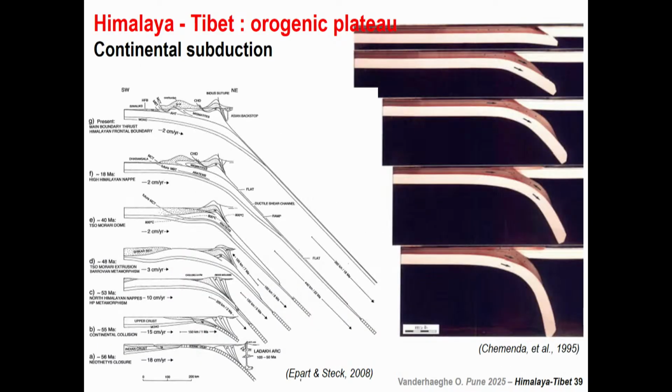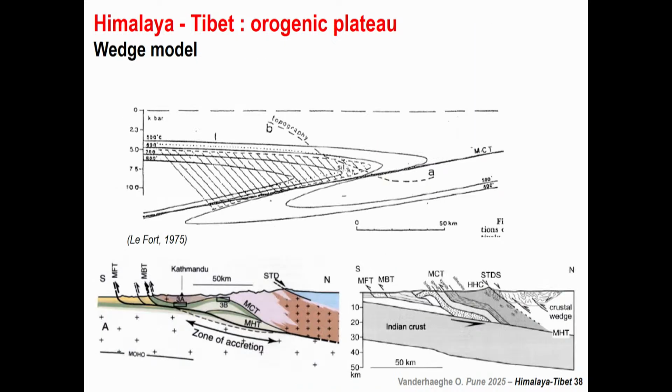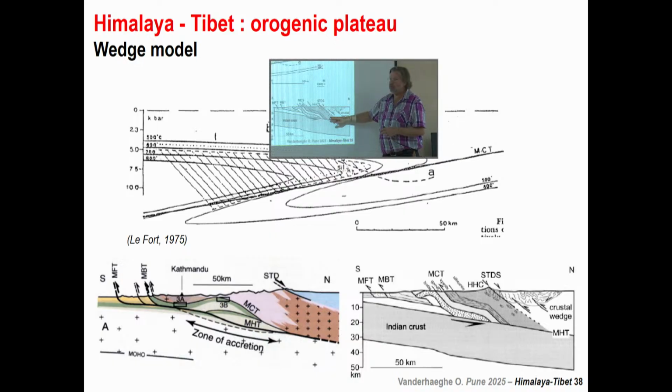So now let's take into account, because this model does not account for the Tso Morari. Because in this type of model, the rocks go down to, let's say, at most 50 kilometers crust. That's the thickest, or maybe we can go down to 70.